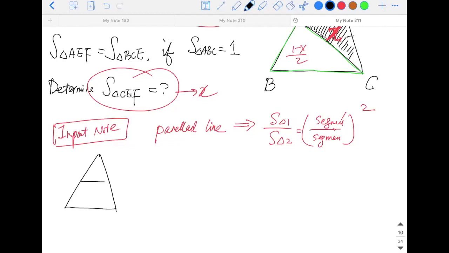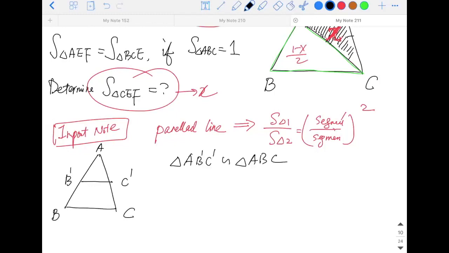So first of all, we have A, B, C, B prime, C prime. Do you know that triangle A B prime C prime is similar to triangle ABC?